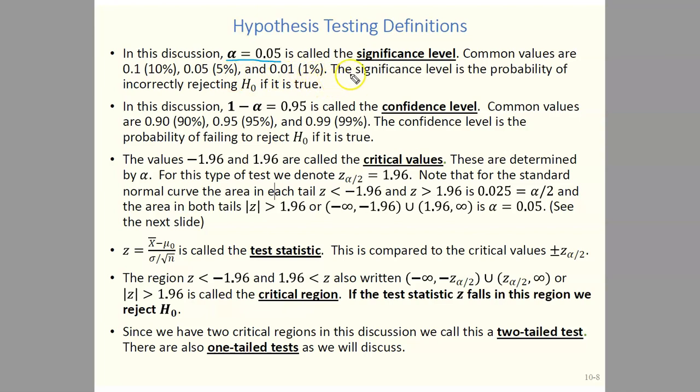Now take note of this also. This is an important point. The significance level is the probability of incorrectly rejecting the null hypothesis if it is true. That's what your significance level represents. And to see that, let's consider this graphic that we have on the next slide.